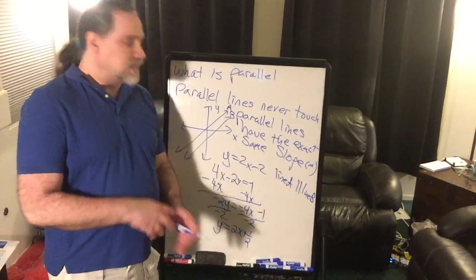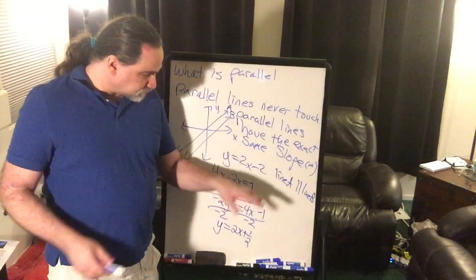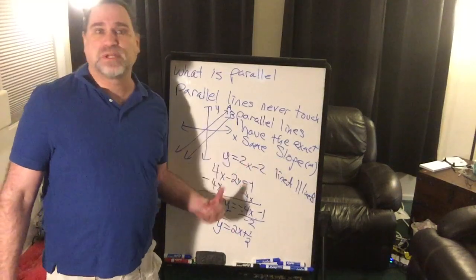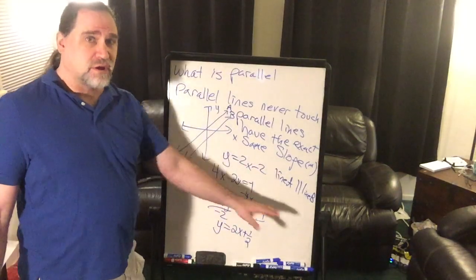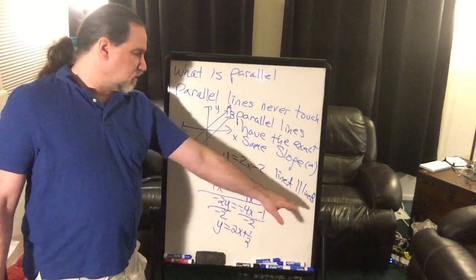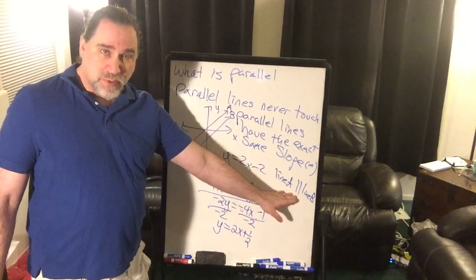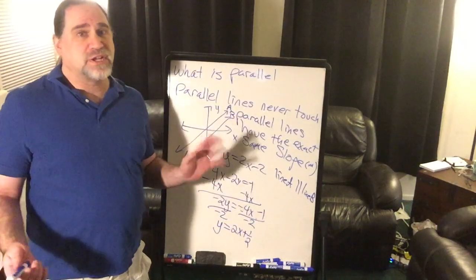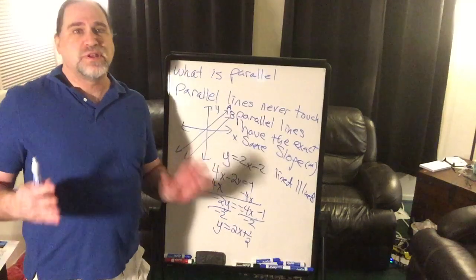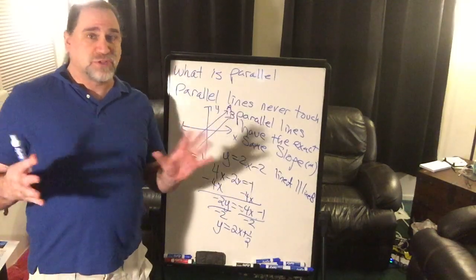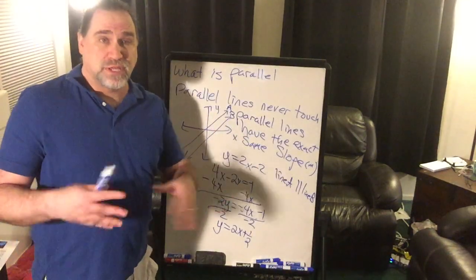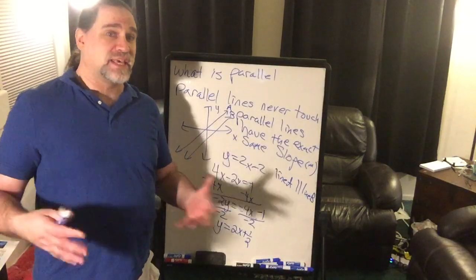So again, if you aren't sure, look at what's given to you. Are the equations there? Are the slopes the same? Do they tell you if the lines are parallel? If you're just trying to do it visually, you can't. The last thing you can do is count rise and run if they gave you some points.